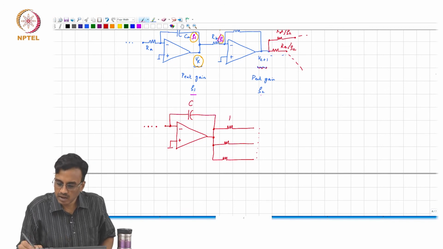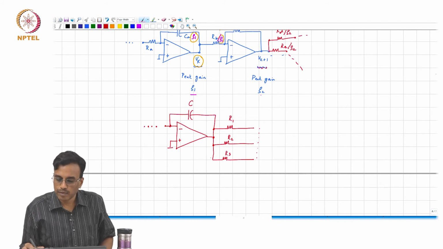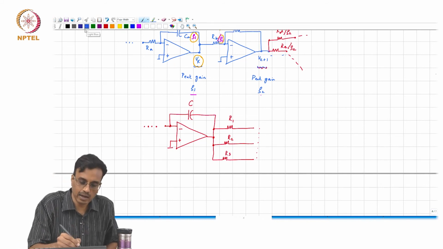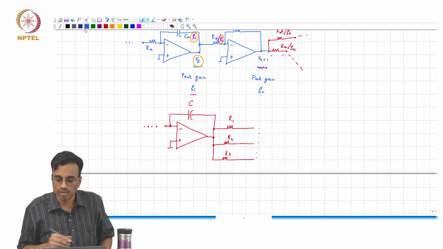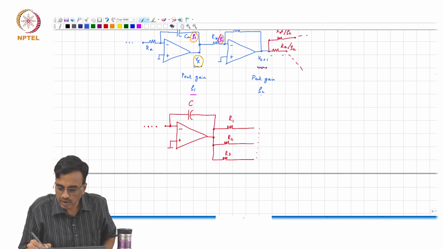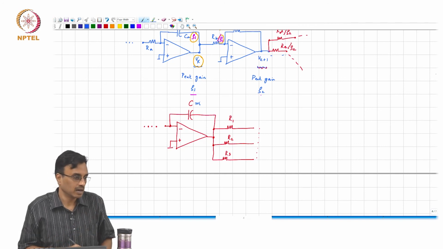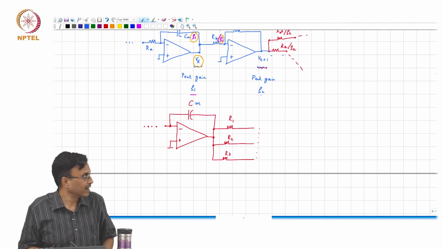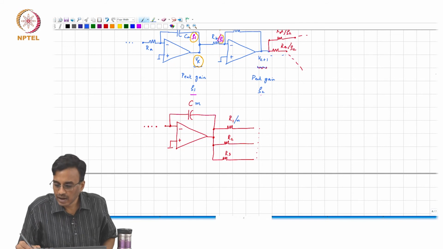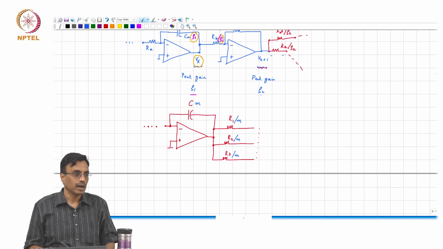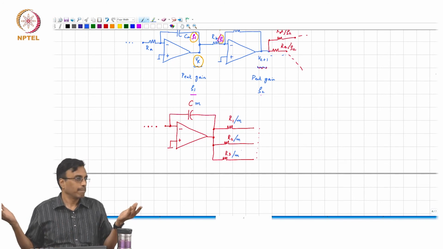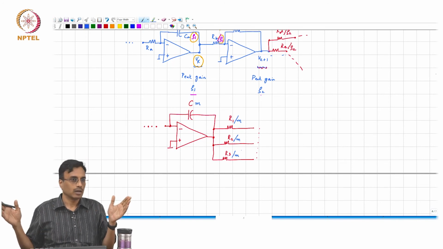If this is C, this is R1, R2, R3, and you want to scale the peak by a factor of m, you multiply this by a factor of m. That will pull the peak down by a factor of m, and then you divide all these resistors by a factor of m. You do this at every op amp, and all this can be done in one shot, okay.